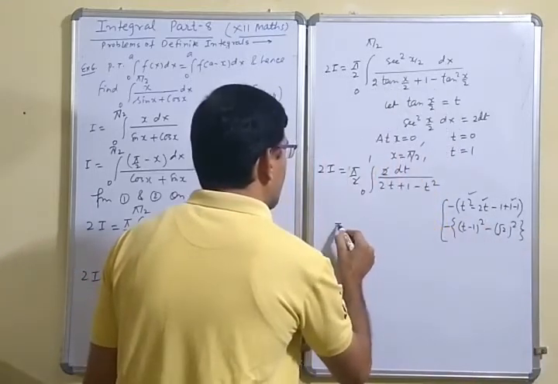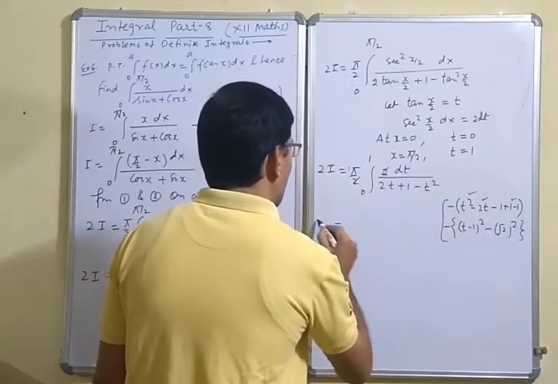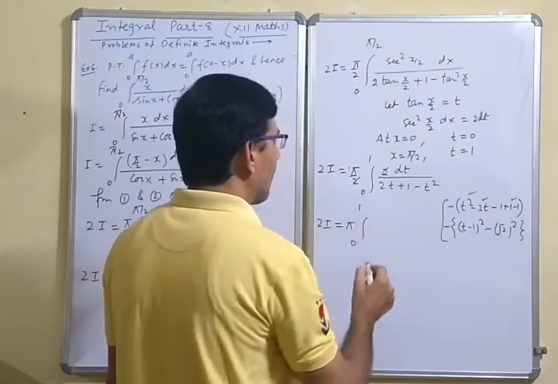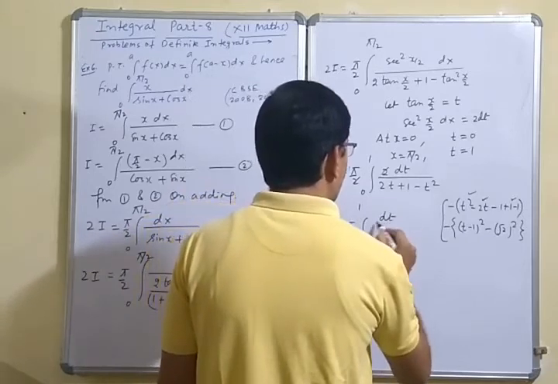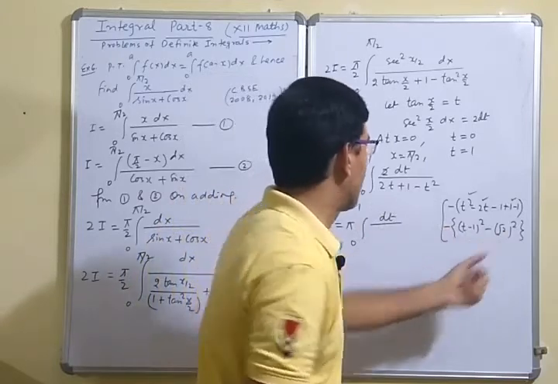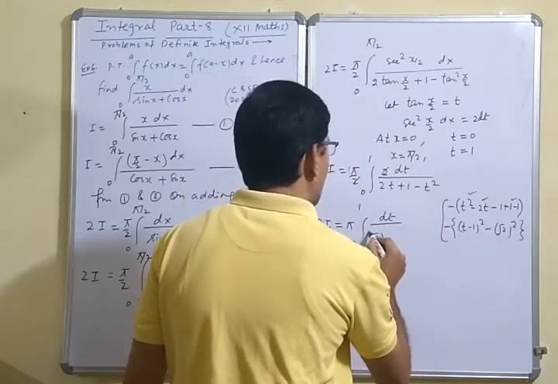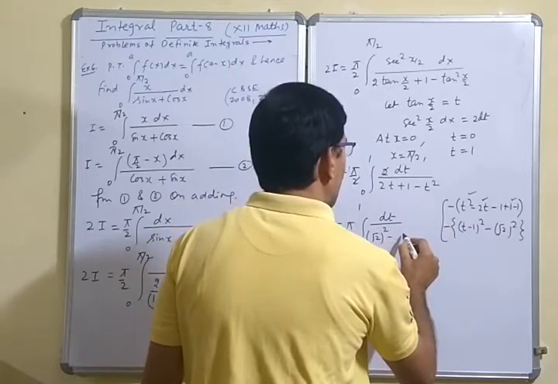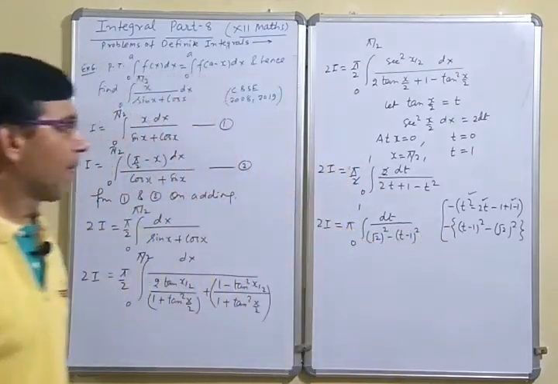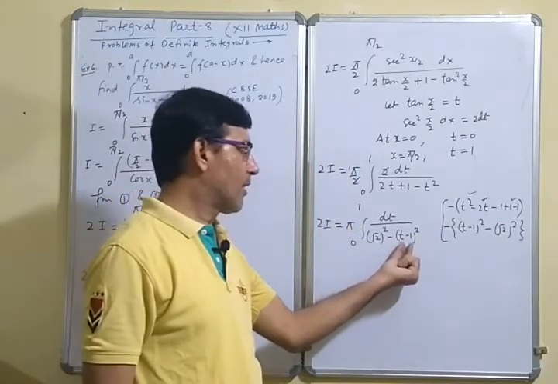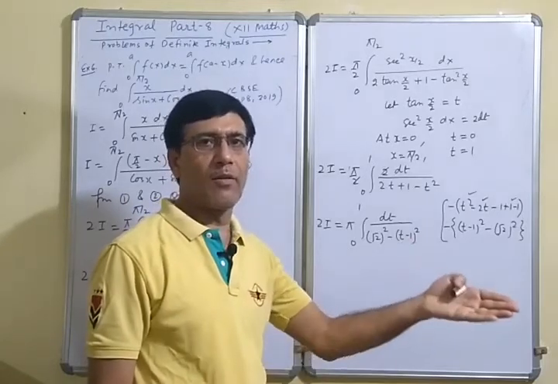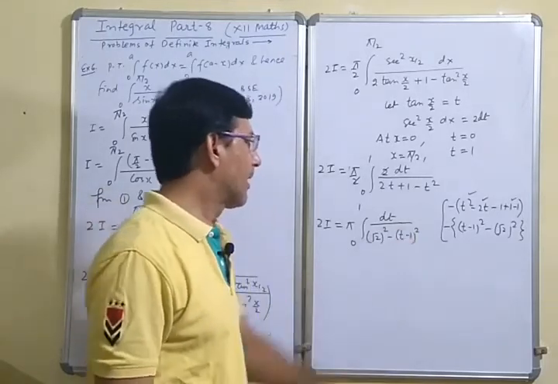So this becomes 2I equal to pi, limit from 0 to 1, dt upon root 2 square minus t minus 1 whole square. If we take t minus 1 equal to p, then dt is equal to dp, so no change, and we can take it directly.